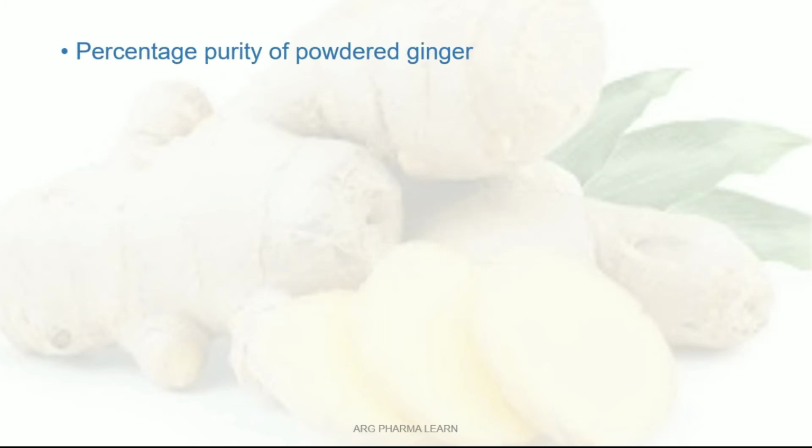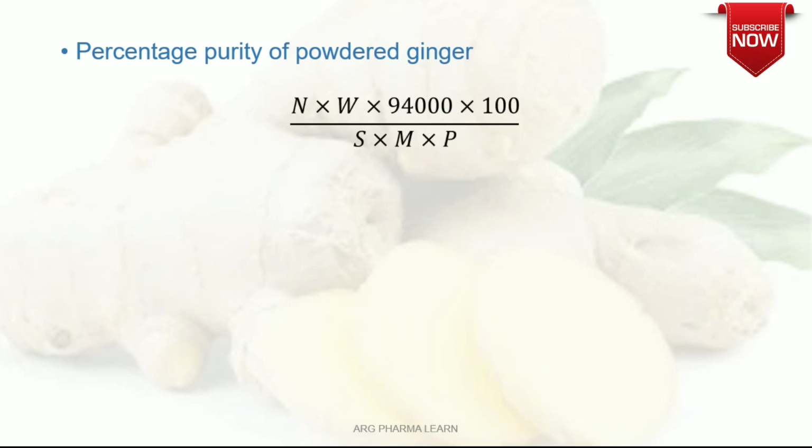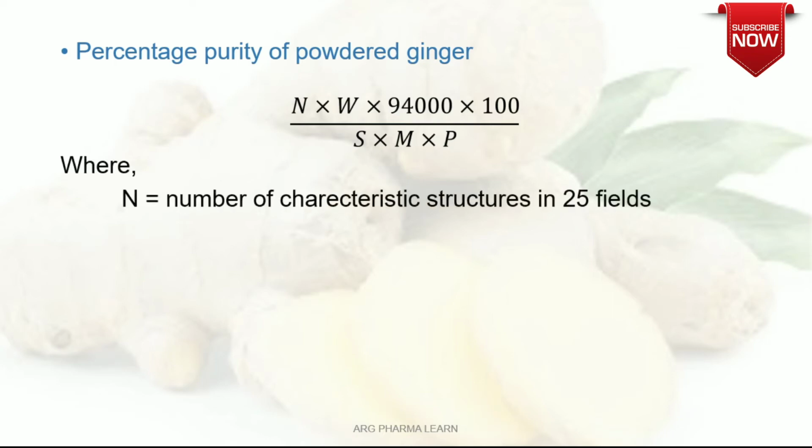The percentage purity of an authentic powdered ginger is calculated using this equation: N × W × 94,000 × 100 divided by S × M × P, where N is the number of characteristic structures, for example starch grains in 25 fields. W is the weight of Lycopodium powder taken, in mg.